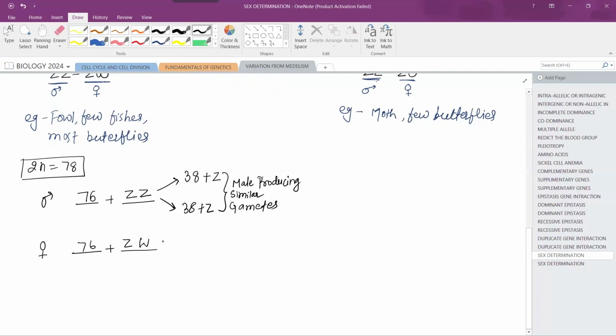Male is producing similar gametes. And what is the situation in this case? 38 plus Z and here 38 plus W. So here female is producing different gametes. Now let's see another case.